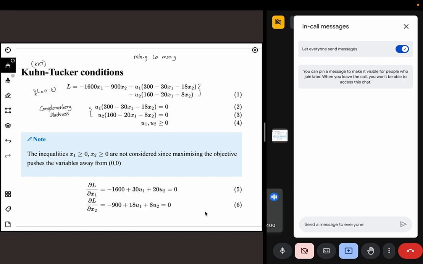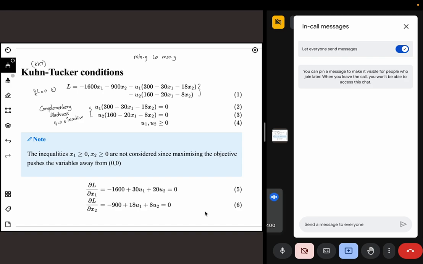If the constraint is active, then this value will be 0 and u1 will be some positive quantity. If the constraint is inactive, then u1 will be 0. If u1 is a positive quantity, then that constraint is an active constraint.